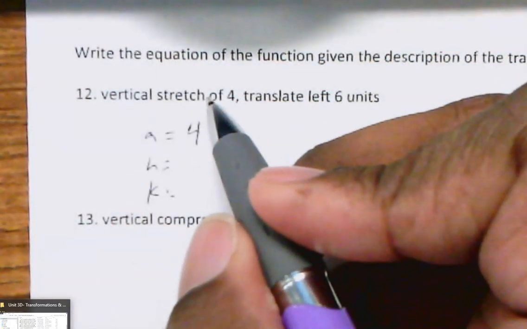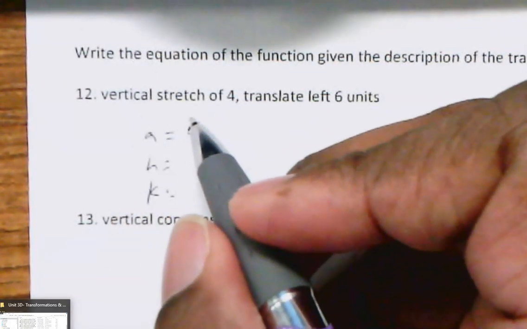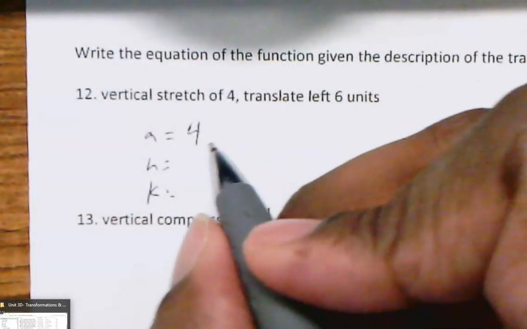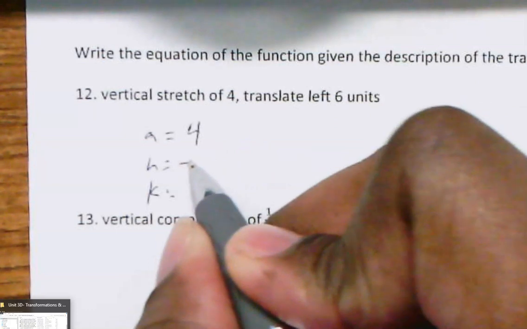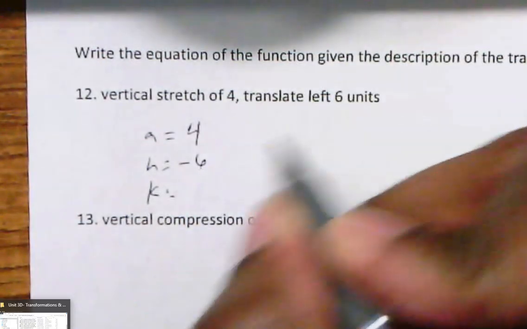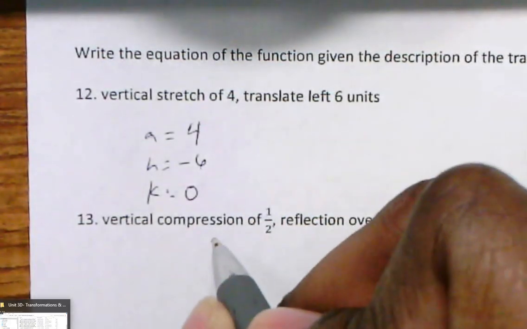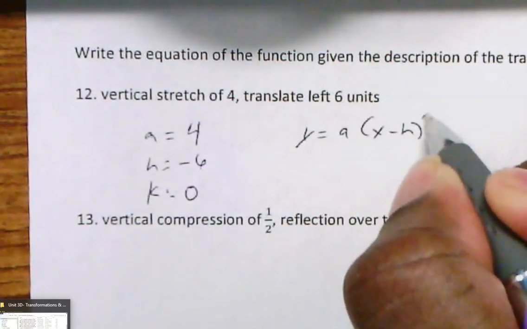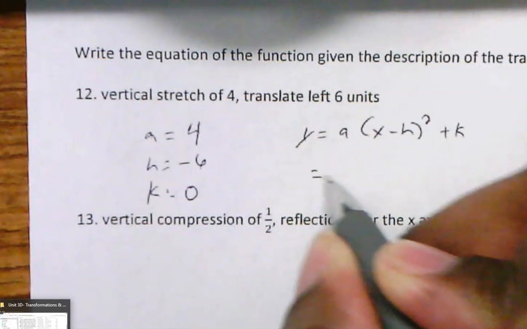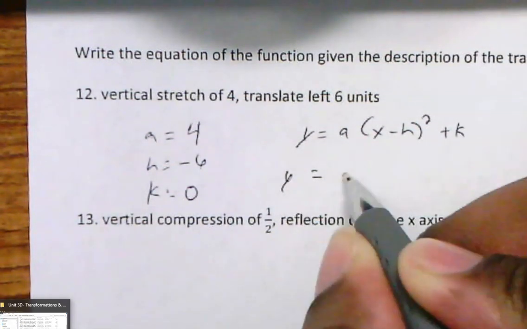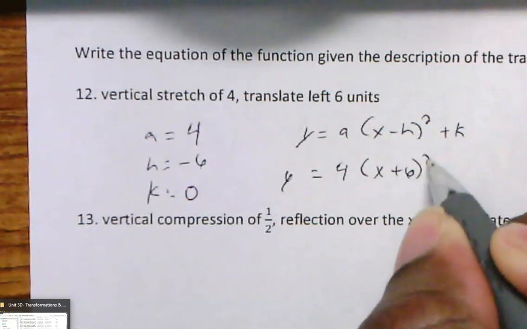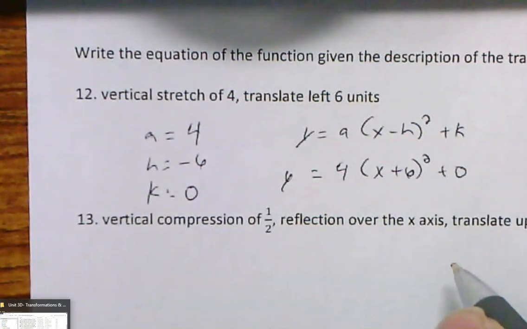Anytime I say vertical stretch or compression, that's referring to what A is. It says translates left 6, so I know that H is negative 6. It didn't say whether or not it goes up or down, so I know K is 0. So that equation would be y equals A(x subtract H) squared plus K. So that would be y equals 4(x plus 6) squared plus 0.